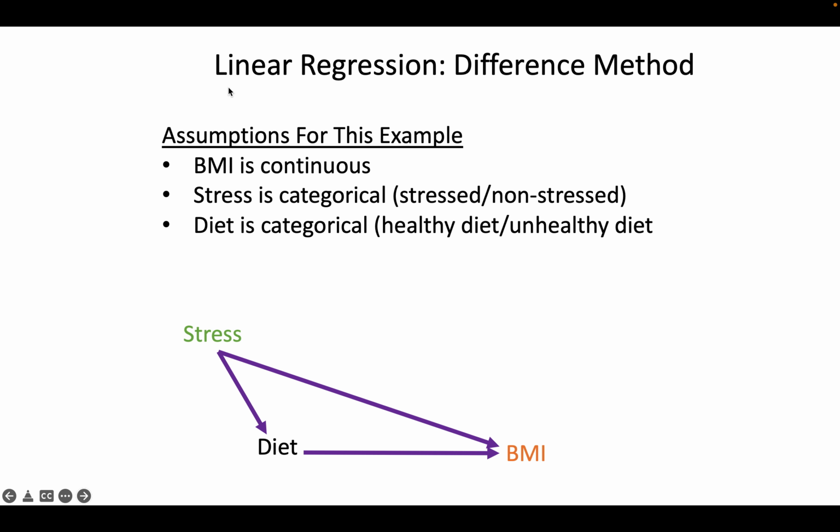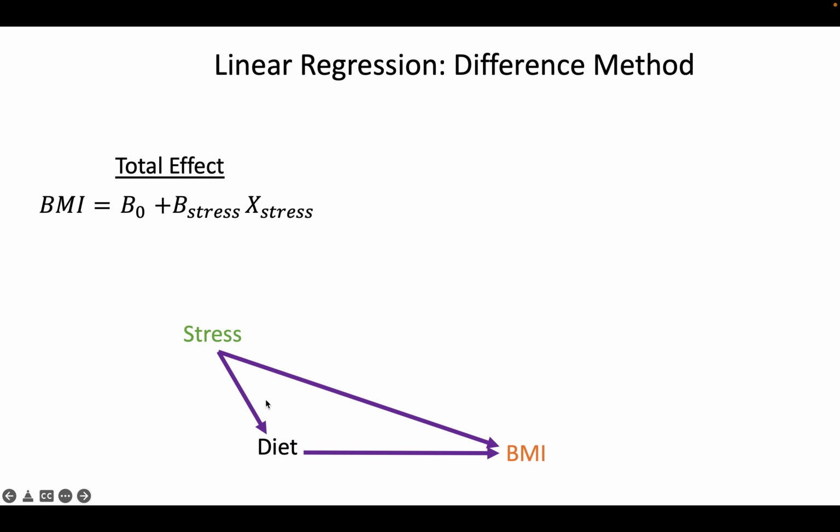For this first example, I'm going to do linear regression, and there are two major methods for mediation analysis. The first one I'm going to talk about is the difference method. Some assumptions for this example are that BMI is going to be continuous, stress is going to be categorical, so you're stressed or you aren't, and diet's going to be categorical, so a healthy diet or an unhealthy diet.